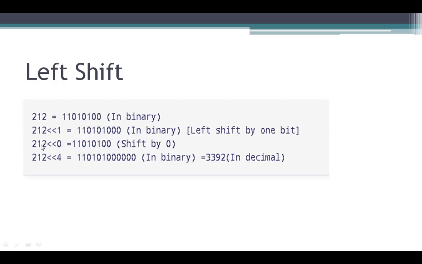So 212 left shift 0, nothing happens, it shifts by nothing. With 4, you can see 4 zeros have been added here.